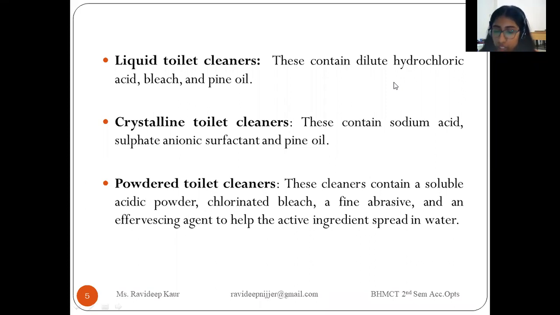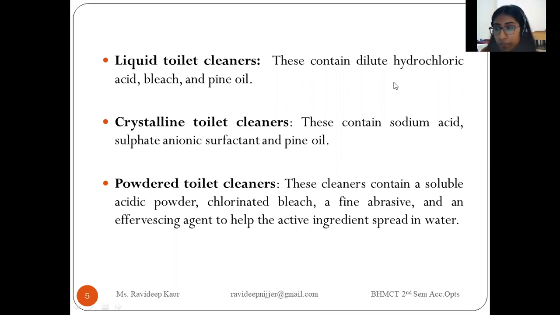Next, we have powder toilet cleaners. These cleaners contain a soluble acidic powder, chlorinated bleach, and fine abrasive and effervescing agent to help the active ingredients spread in water. So powder toilet cleaners contain soluble acidic powder, chlorinated bleach, and fine abrasive.